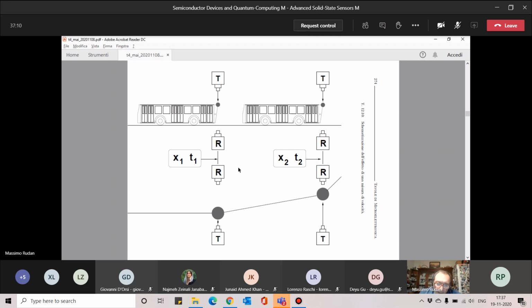So we are now left with the problem, in the conservative situation, of finding the space part of the wave function.